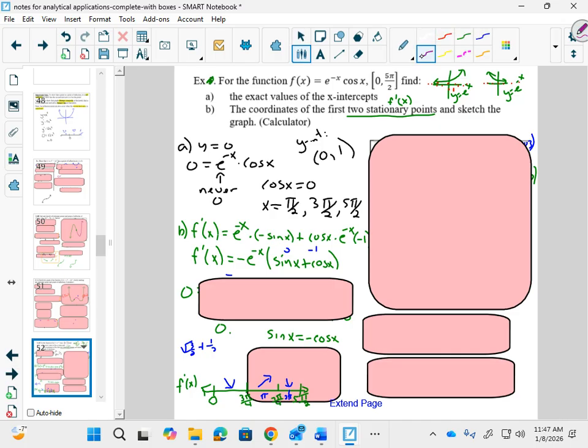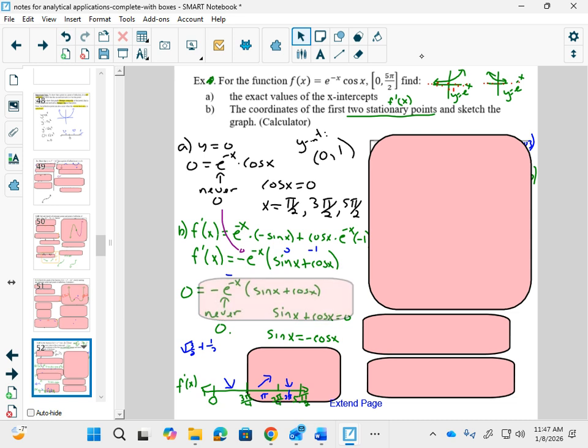Just like this was never 0 there, can you see that here it would never be 0 either? So we just need to see where the inside part, sine x plus cos x, is equal to 0. In other words, where is sine x equal to negative cos x?